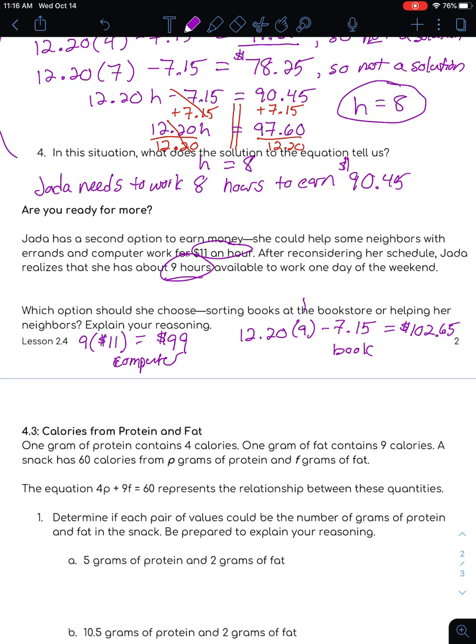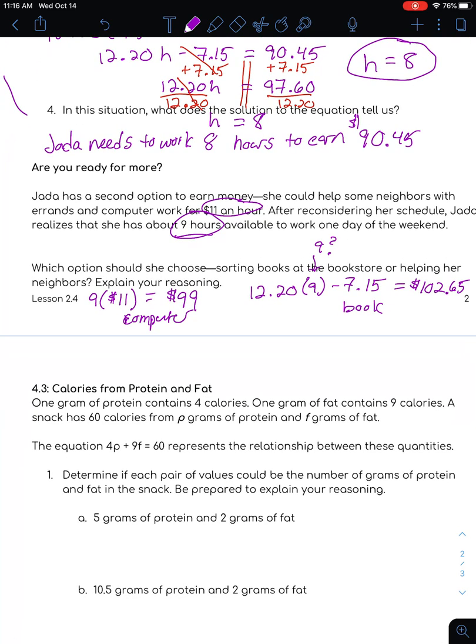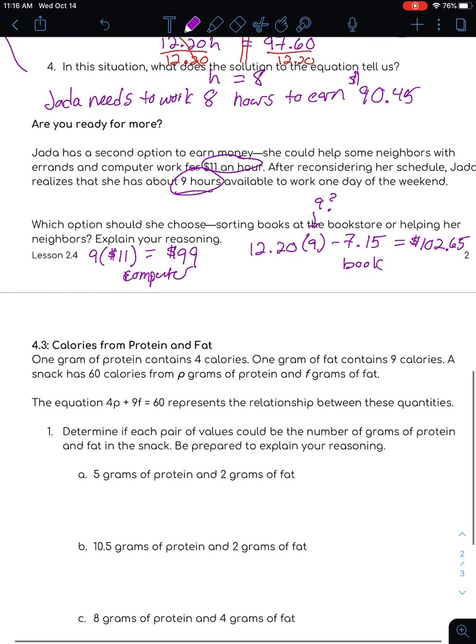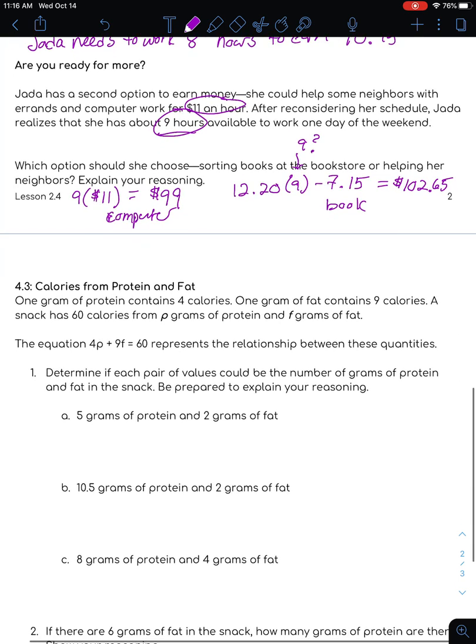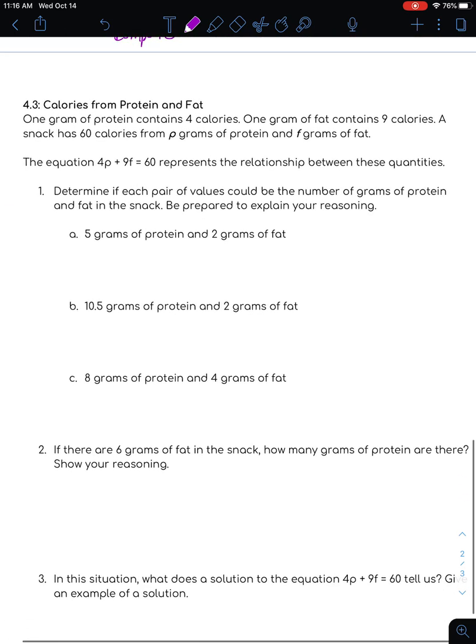And so will this number really be 9 by the time she gets to the bookstore, or will it be 8 hours? Or will it be something in between? We don't know for sure, but reasoning through, if she only has 9 hours, there's some interpretation here that that number would actually be less than 9 hours when she actually got to the bookstore and started working. So the computer might be better in that situation. I'll let you decide how you want to interpret that, but those are a few ideas.